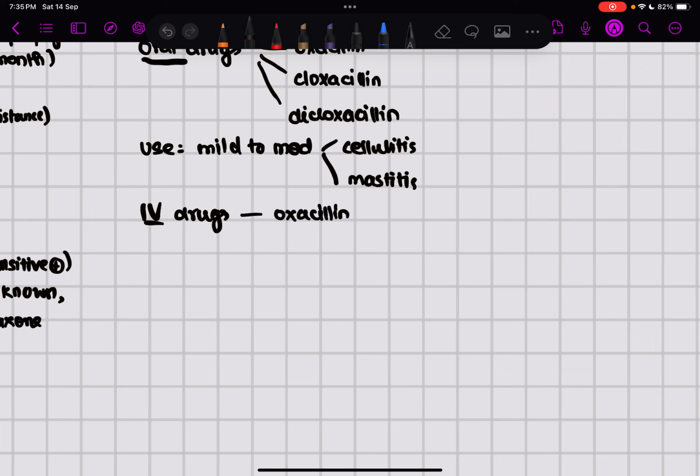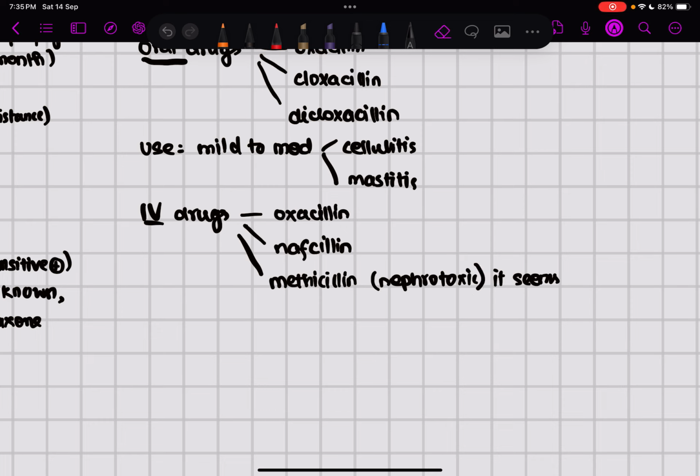Methicillin is nephrotoxic, it seems. And its uses are in severe infections and endocarditis.